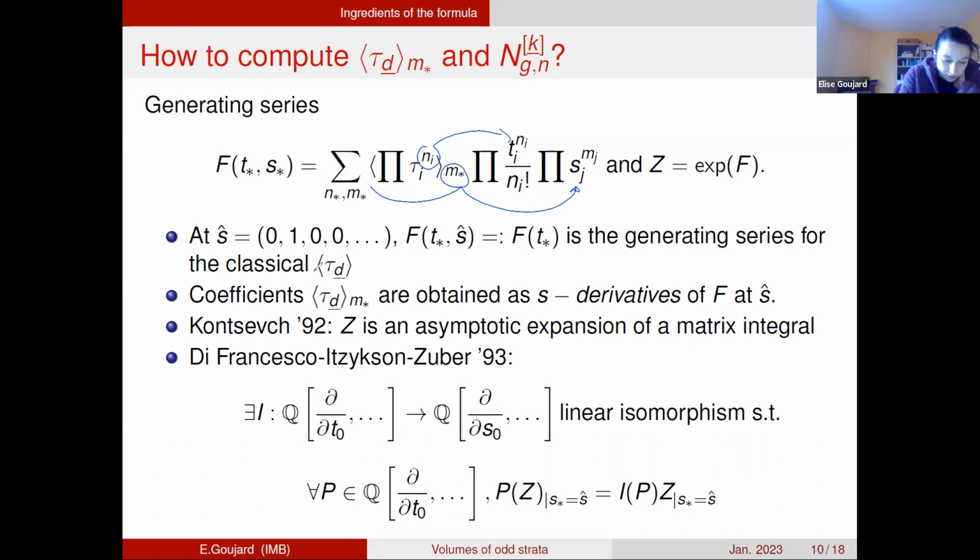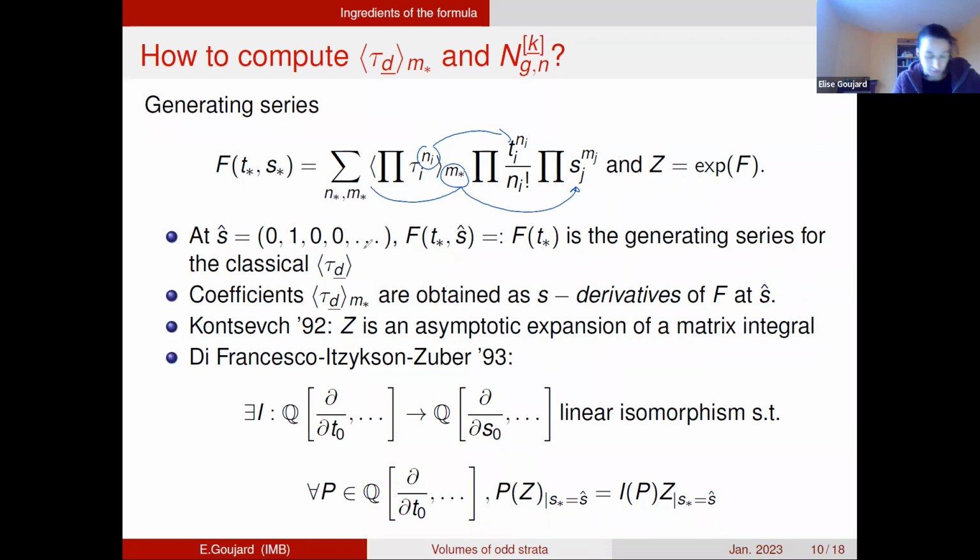And if you want these coefficients, you just need to compute the t derivatives of this generating series. If you look at this formula, you can also believe that these coefficients are just obtained by computing s derivatives of this generating series and evaluating at this point.